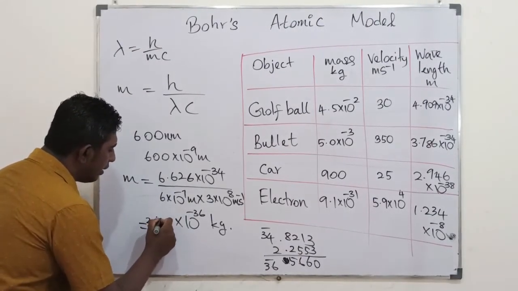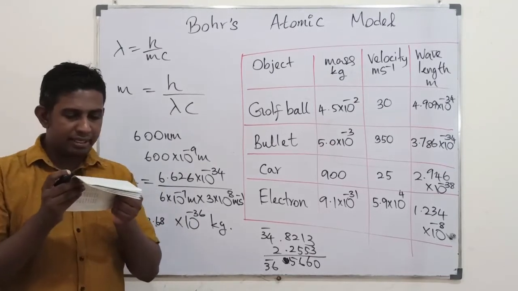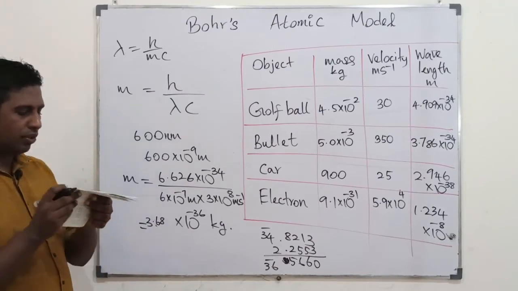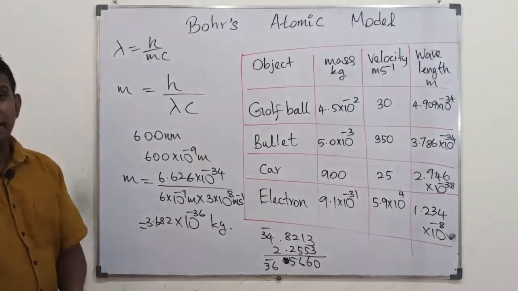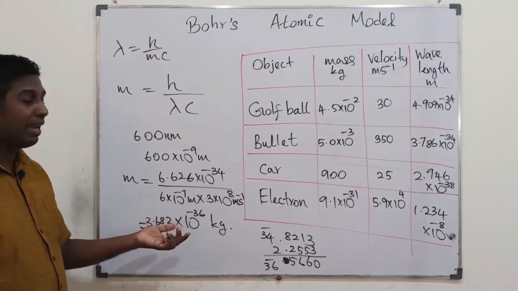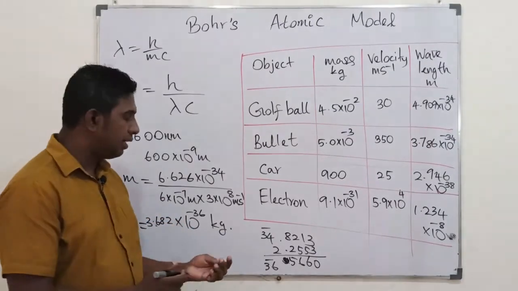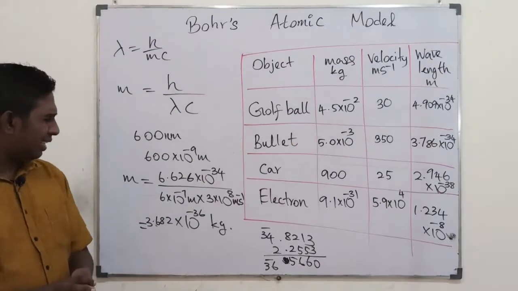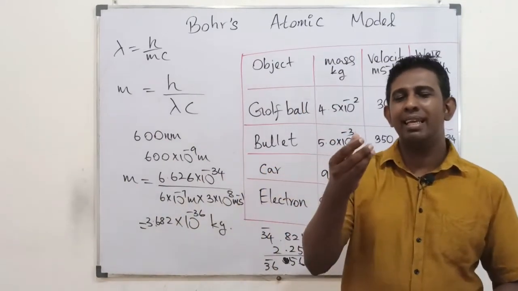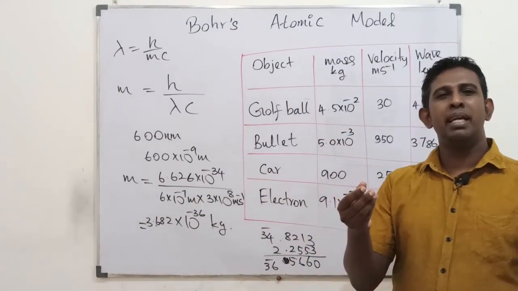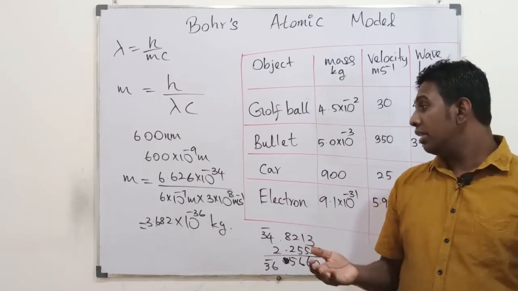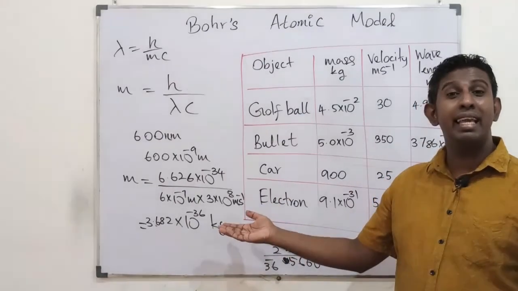So to that 36, 8 takes 5658, another 2 it lacks. So this is the mass of a particle of light. It is 10 to the power minus 36 kilograms. Even the mass of an electron is around 10 to the power minus 31 or minus 30 kilograms. This is too small, even smaller than an electron.